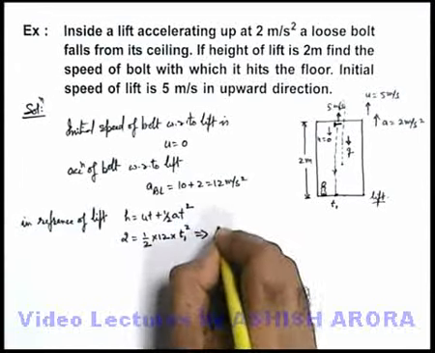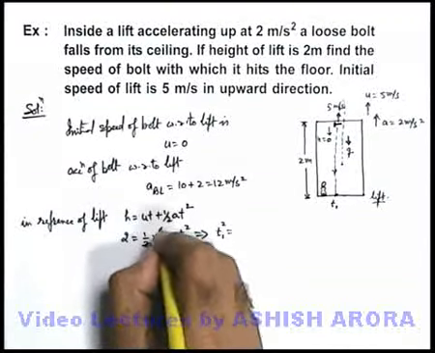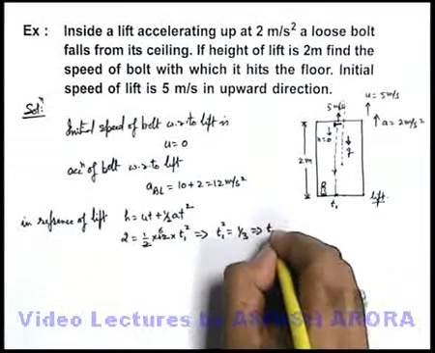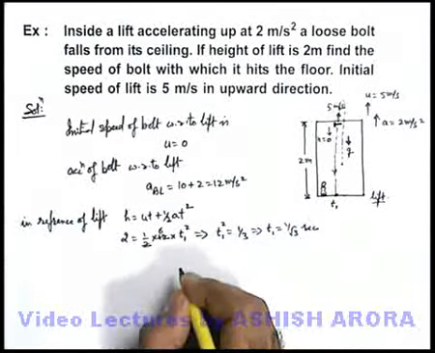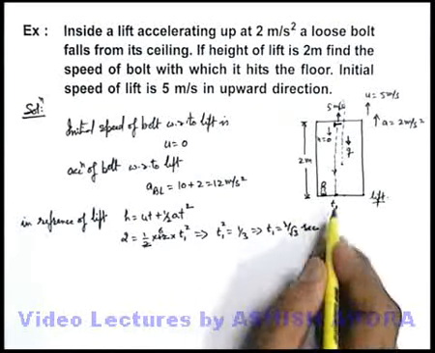So from here you can see the value of t1 square we are going to get will be 2 by 6, it is 1 by 3. That means the time at which the bolt will hit the floor will be 1 by root 3 second. At t equal to 1 by root 3 second, the bolt will hit the floor.